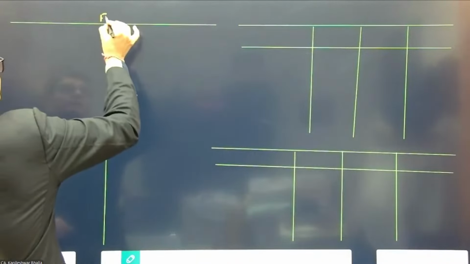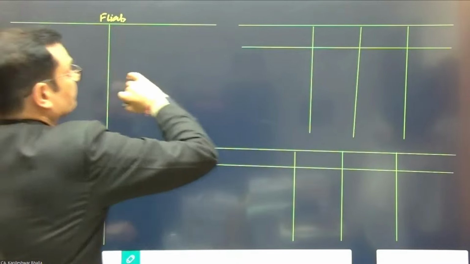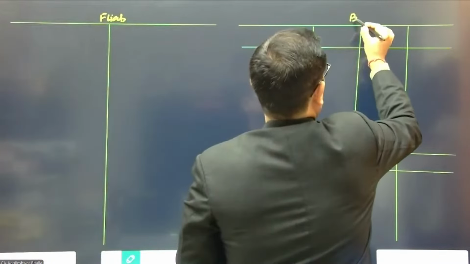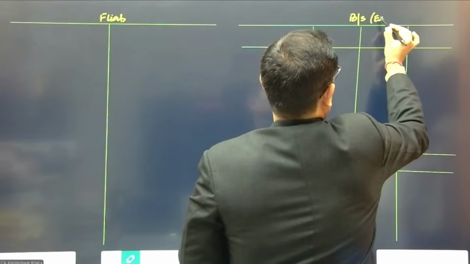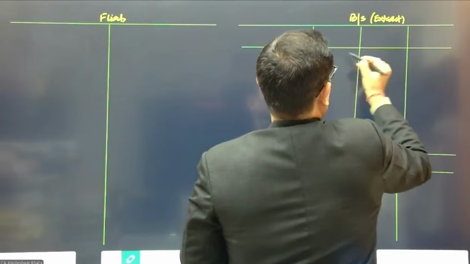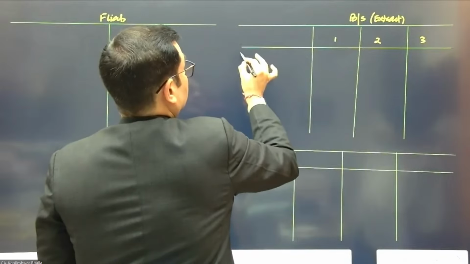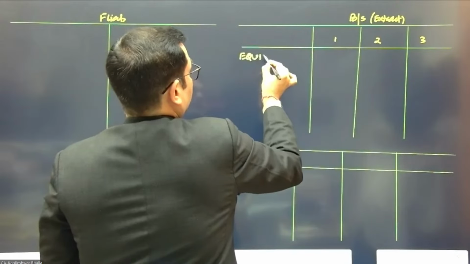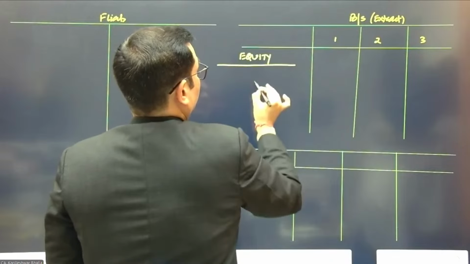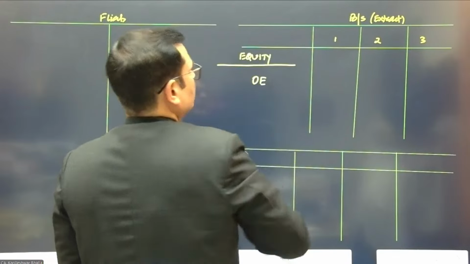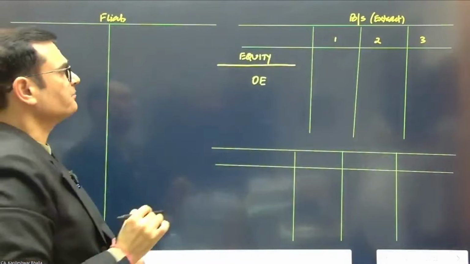So this is my financial liability ledger. This is my balance sheet extract, which I'm making for a period of 3 years. This is year 1, 2, 3. And I'm considering this is equity. So here we have other equity. I'm not showing equity share capital, just other equity.